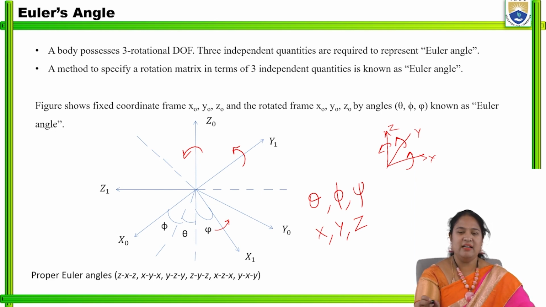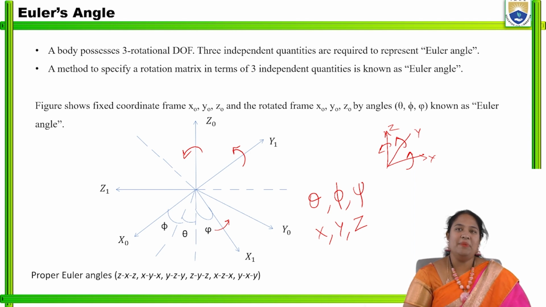These are independent axes, where x is not dependent on y, y is not dependent on z, or z is not dependent on x. They rotate about their own axis.